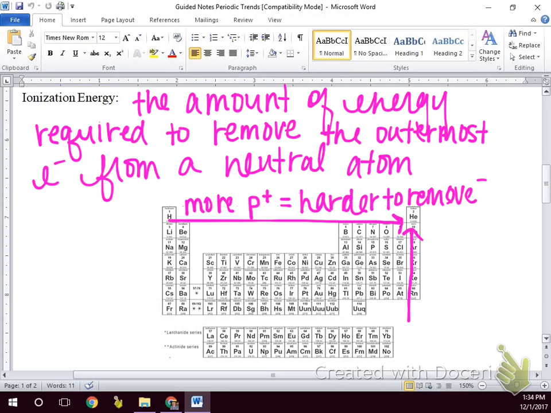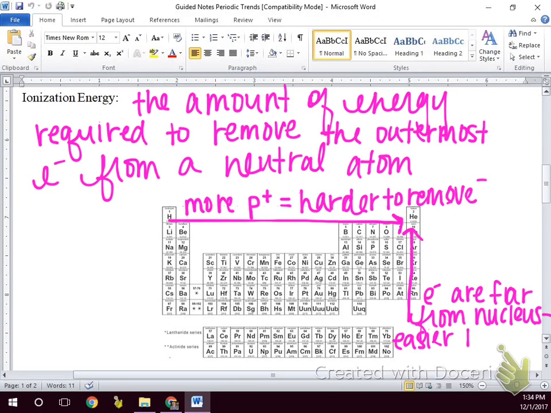Okay, and then for the reason that it's harder at the top than at the bottom, right, at these higher energy levels, down here, we see electrons are far from the nucleus. And that makes them easier to remove.